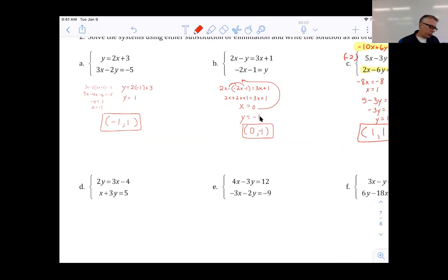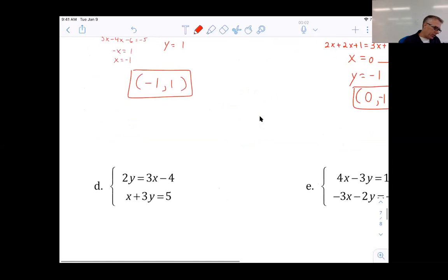But if I were to rearrange the top equation, if I move the 3x over, I would have -3x plus 2y is equal to -4. So I rewrote that first equation.